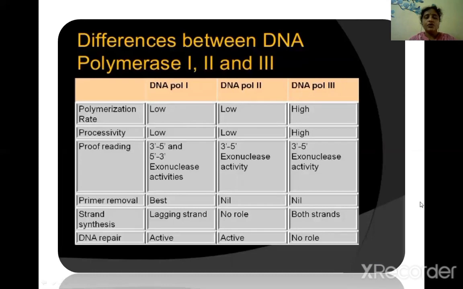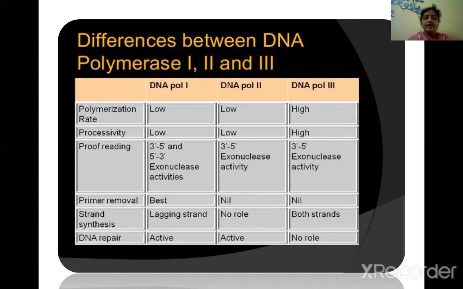This slide shows the differences between the DNA polymerase 1, 2, and 3 enzymes. The polymerization rate is very low in polymerase 1 and 2, and very high in DNA polymerase 3. Processivity is very low in DNA polymerases 1 and 2, and high in DNA polymerase 3.